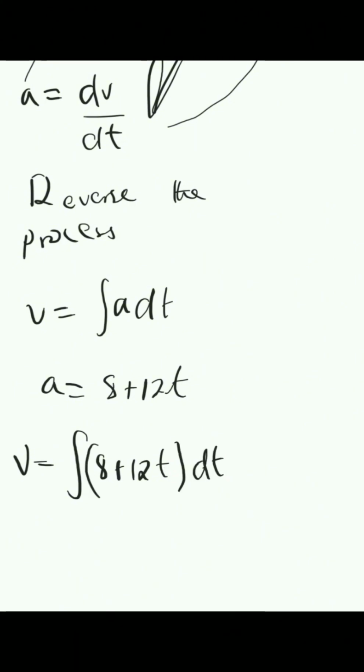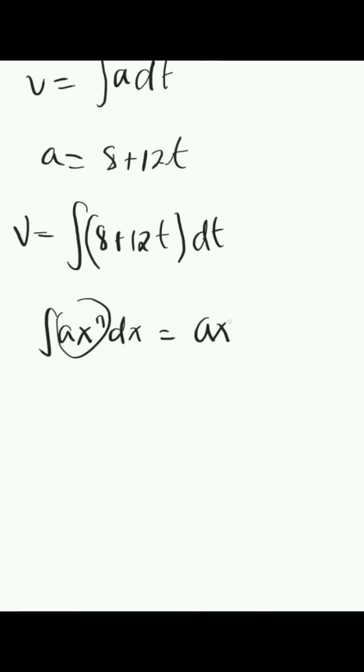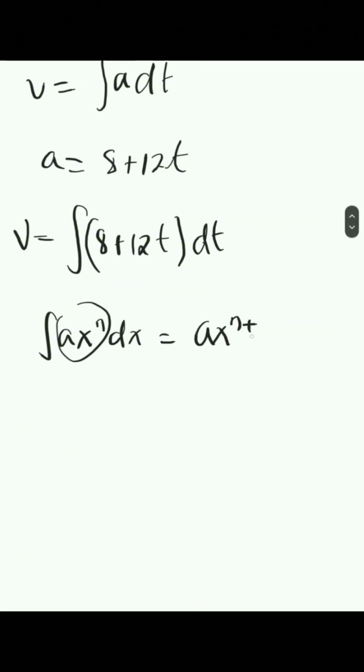In a case where you're integrating, the method that we use, suppose we're given the integral of a function ax to the power n being integrated with respect to x: we keep the same integrand, then we add a 1 to the power, then we divide by the new power, then we add a constant of integration.